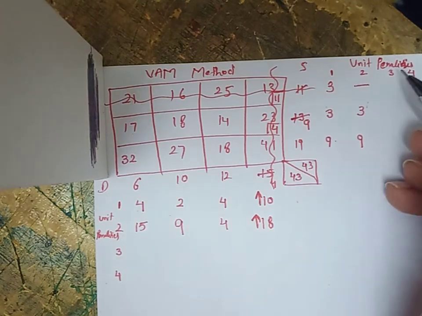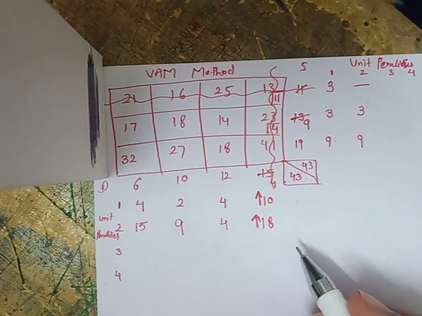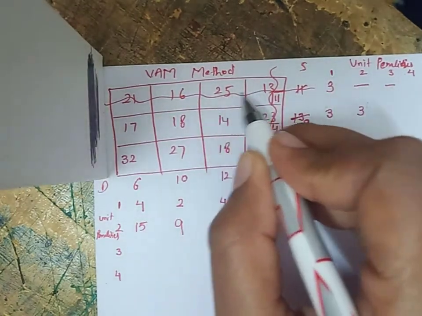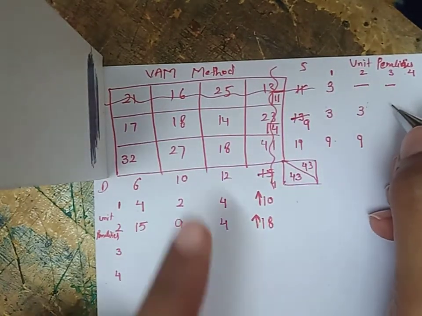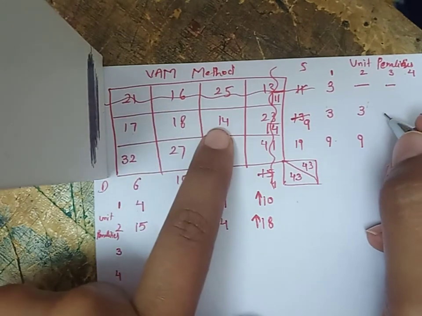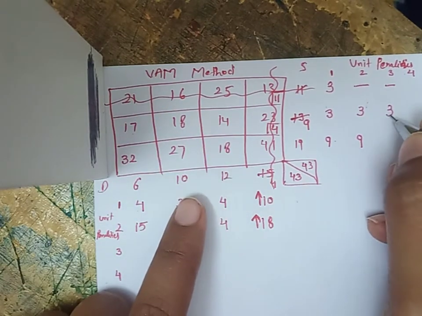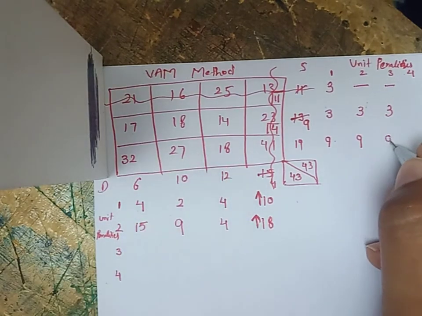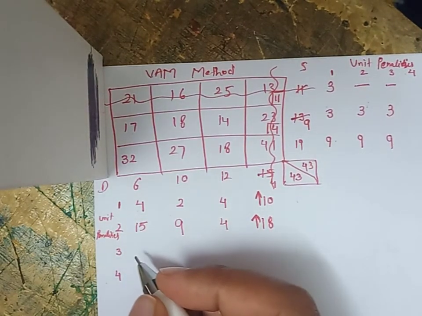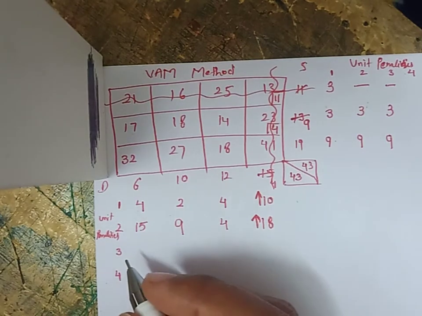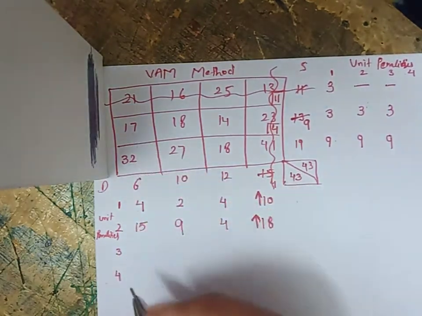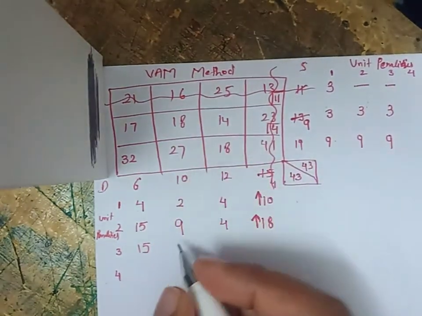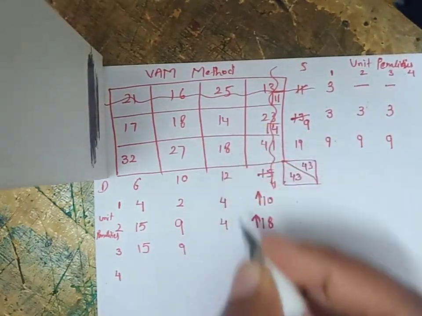Again same steps for unit penalty 3. No unit penalty for this exhausted row. The difference between 17 and 14. Difference between 18 and 27. Similarly, column side. Difference between 32 and 17. 18 and 27. 14 and 18.